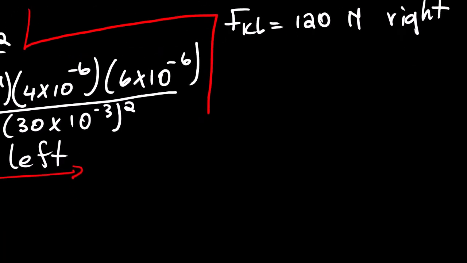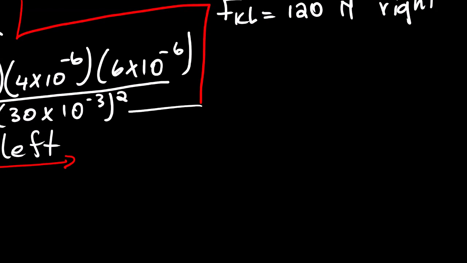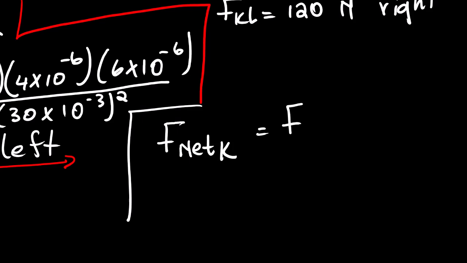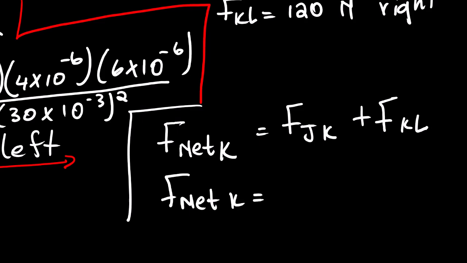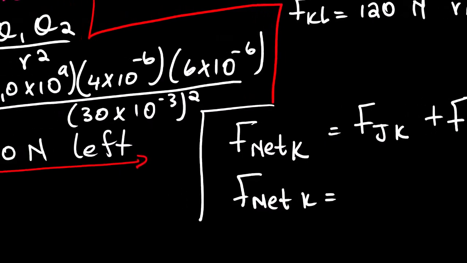And then from here, F net, the net force experienced by K, is equal to the force of JK plus the force of KL. Now in this case we need to consider the direction.